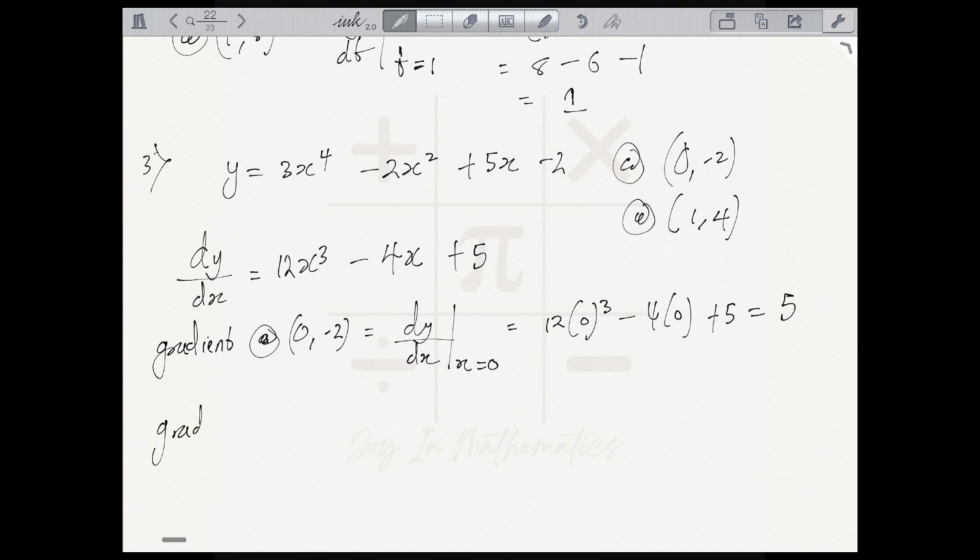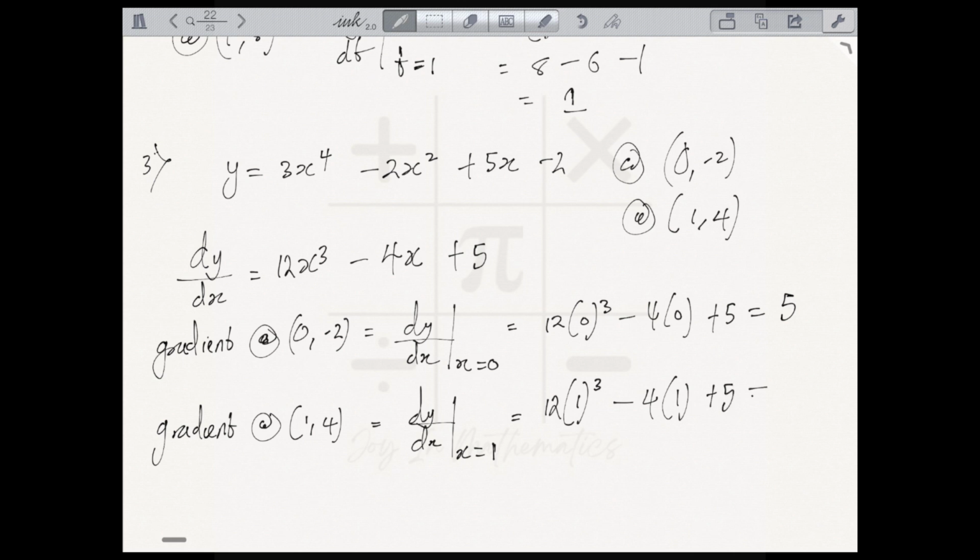Likewise, the gradient at 1, 4 is equal to dy/dx at x equals 1. So wherever we see x in dy/dx, we substitute 1. So this will give us 12 into 1 raised to power 3 minus 4 into 1 plus 5, and this will give us 13.